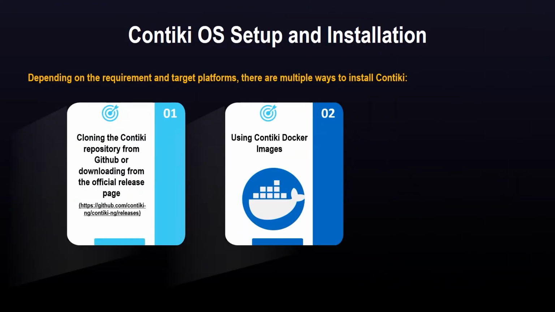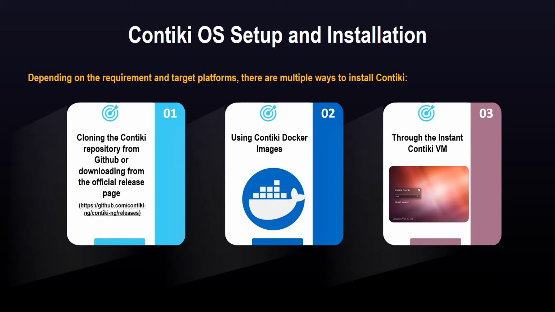The third could be through the Instant Contiki VM, which is a virtual machine image created with all necessary toolchains and software for Contiki OS development. In this video, we will proceed with the easiest way of installing and using Contiki OS, which is by using Instant Contiki. This option of installation is quick, easy, and avoids the manual installation steps and dependencies.